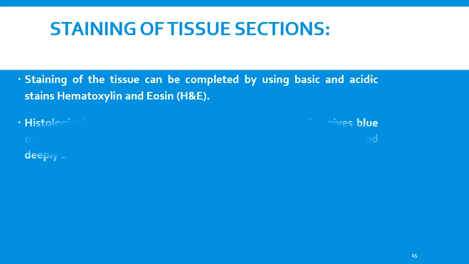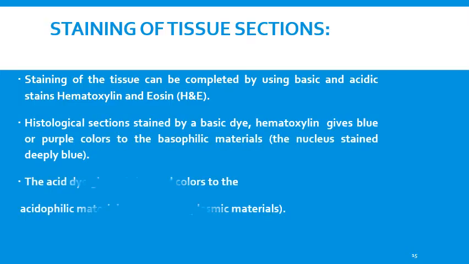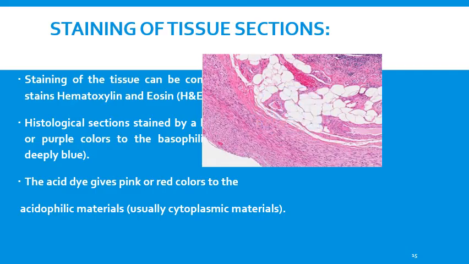Which part of the cell is stained with basic dye? The nucleus is a basophilic material due to the presence of nucleic acids such as DNA and RNA, histone proteins, and phosphate groups. Therefore, the nucleus stains deep blue.